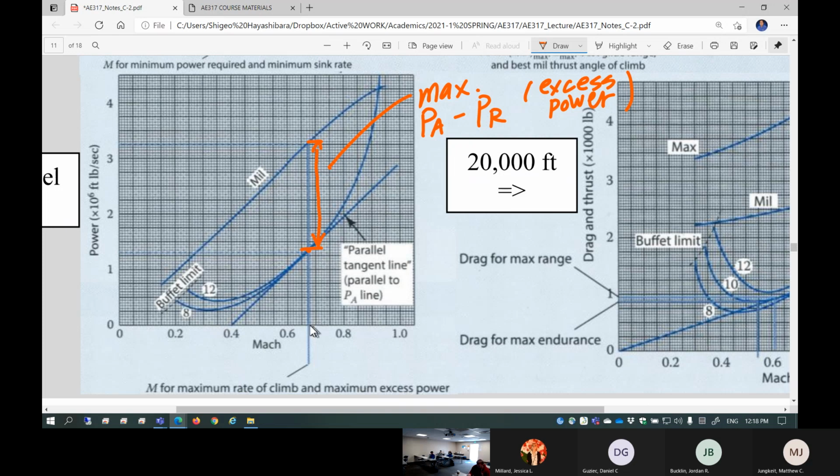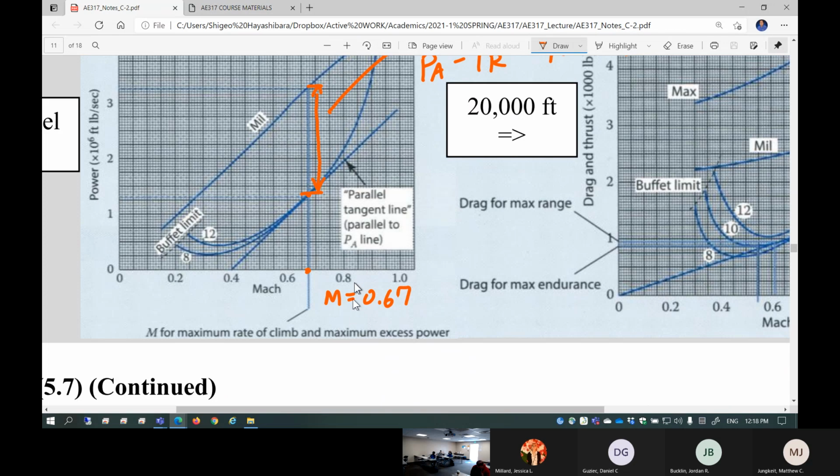What is the Mach number? Not quite 0.7. 0.67. Something like that. Okay, good. So this is the flight condition for maximum rate of climb right here.